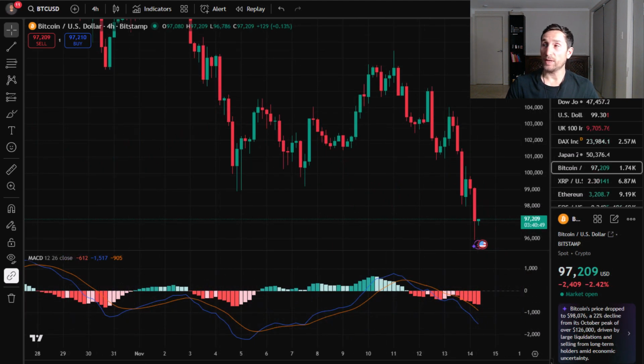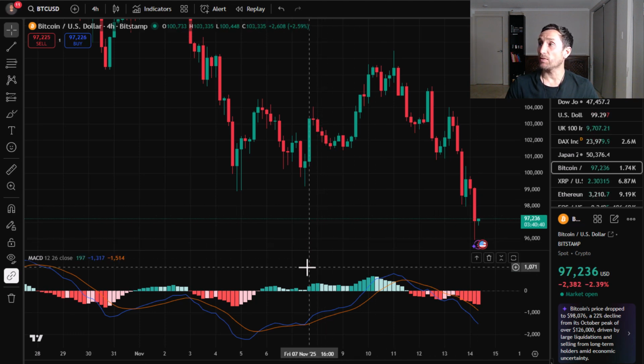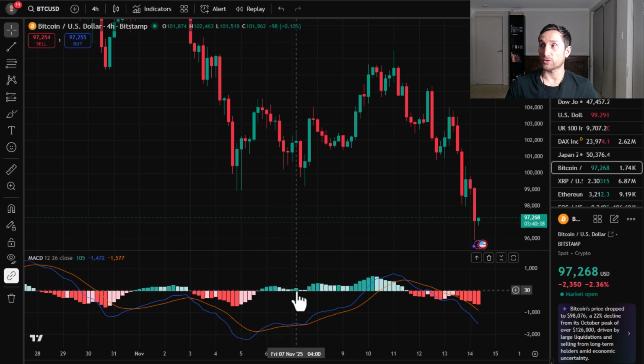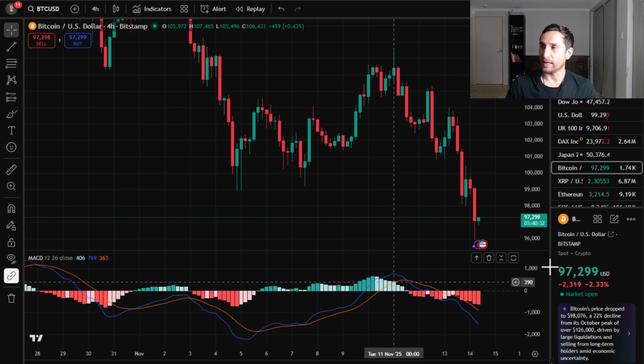The number 3 indicator is the MACD, trend and momentum. MACD shows both the direction and the strength of a trend. It's built from 3 EMAs basically, 12, 26, and 9.